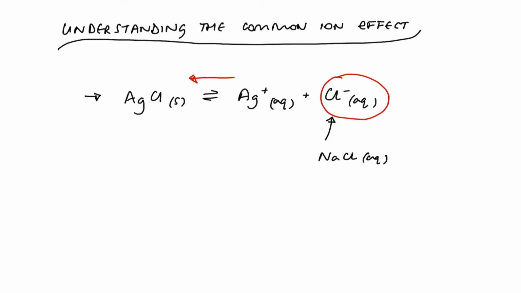That in a sense means that we're going to be taking silver ions out of solution. Silver chloride will start to precipitate. We are decreasing the solubility. So addition of a common ion decreases the solubility of our sparingly soluble salt.